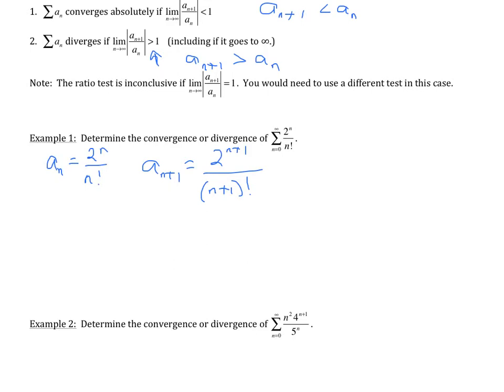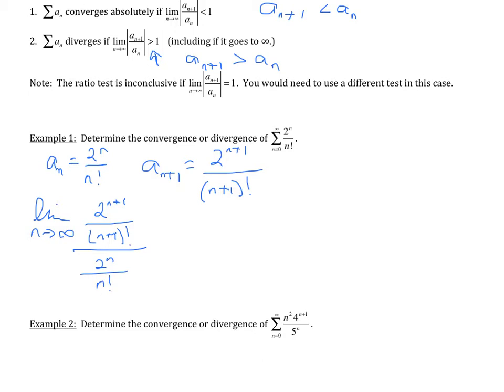So now we want to take the limit as n goes to infinity, and you can write it as a compound fraction, so the n plus 1 term goes on top: 2 to the n plus 1 over n plus 1 factorial over 2 to the n over n factorial.